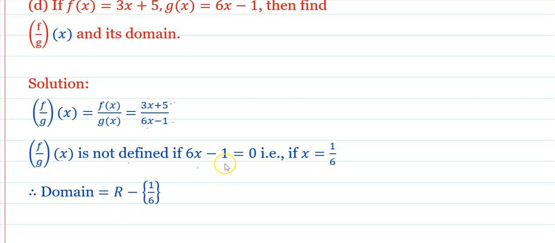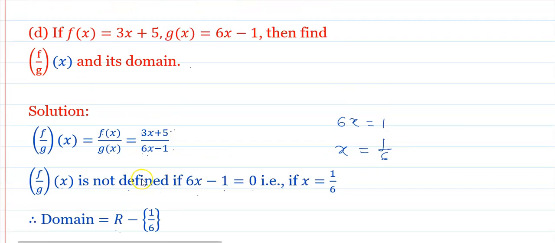Means what? 6x minus 1 is equal to 0. And here जर आपण simplify केलं, that is 6x is equal to 1. Therefore, x is equal to 1 upon 6. It is not defined if x is equal to 1 by 6. And therefore, the domain of this is R minus {1 by 6}. Means what? Set of real numbers, 1 by 6 number delete करायचा. Then this is nothing but the domain of this f upon g of x.